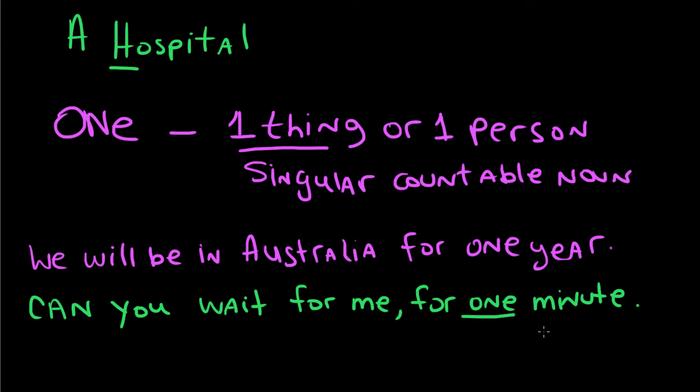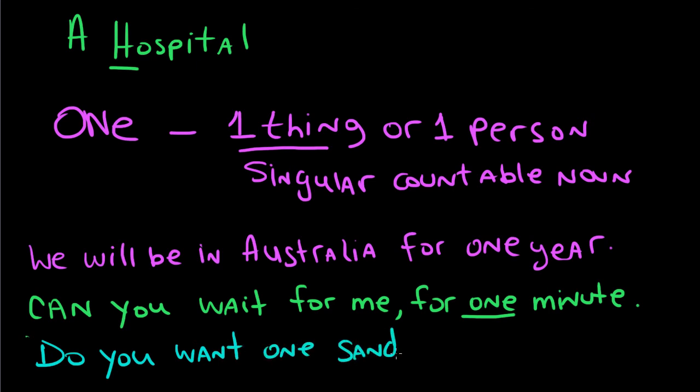So here we use 1 in front of 1 minute to mean one thing. You can also say, do you want 1 sandwich or 2? Here to mean a singular thing.